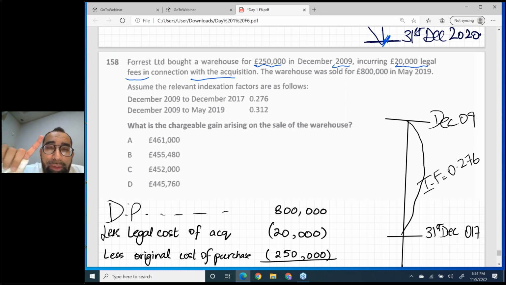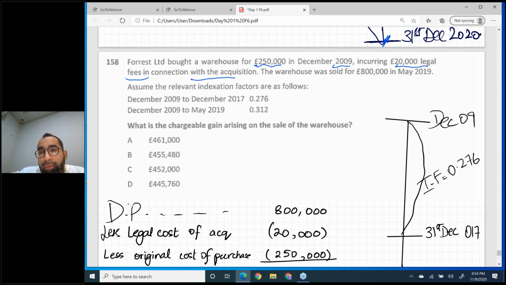One is the 250,000 original purchase cost, and the second is the legal cost to buy the asset. These two are allowed, and indexation allowance will be computed on both of them.